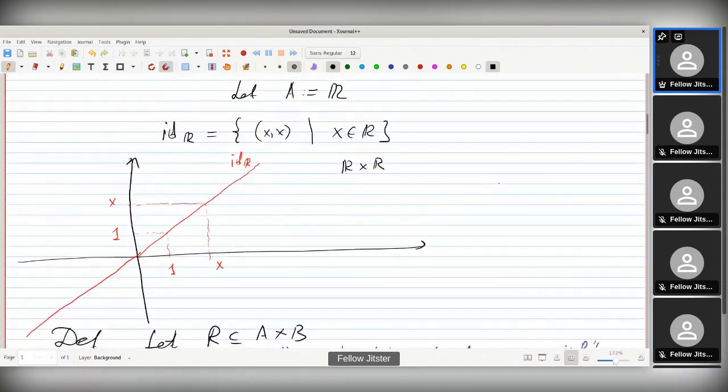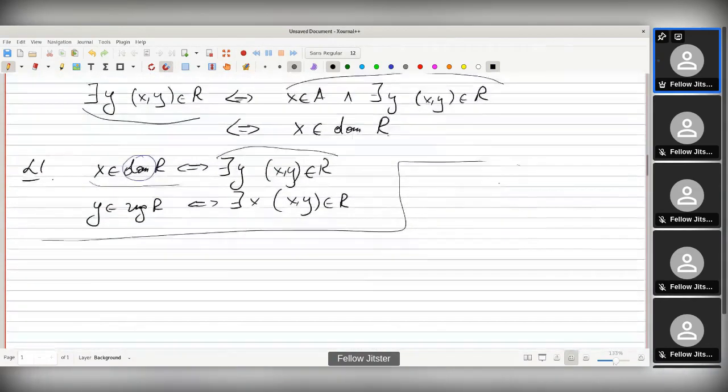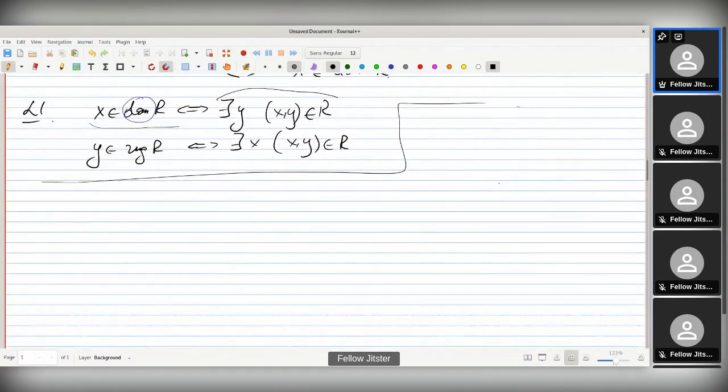Okay, and now if we want to consider examples, let us compute domains and ranges for our binary relations. But before that, let us introduce some notation. We say that xRy, much like you would write x is less than y.